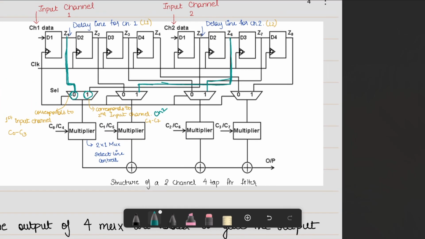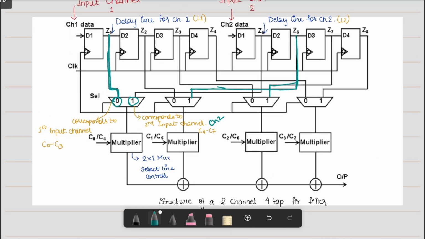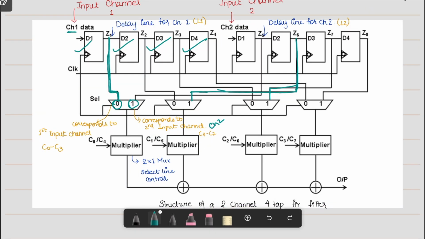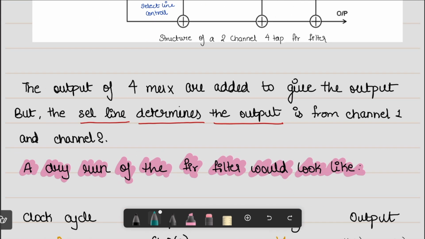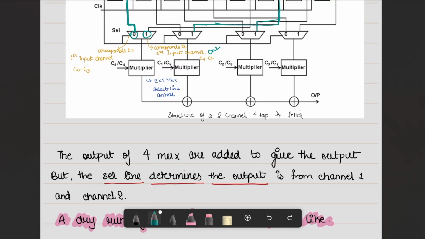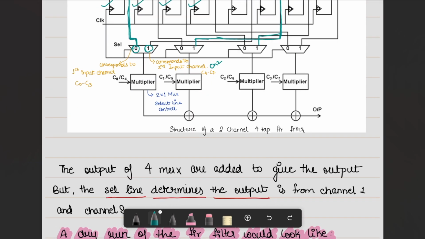This is a general structure of a 2-channel 4-tap FIR IP. The 4 over here represents the number of coefficients in the given coefficient set, and the 2 channel 1 and channel 2 represent the multiple channels of the multi-channel filtering. The output of the 4 muxes are generally added to give the output, but the select line determines the output is from channel 1 or channel 2.